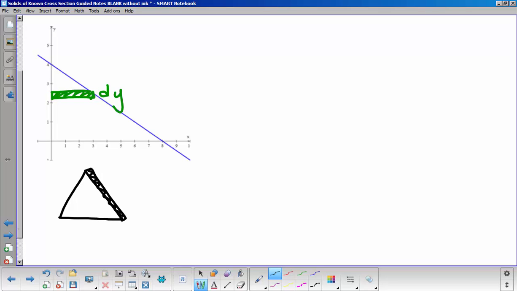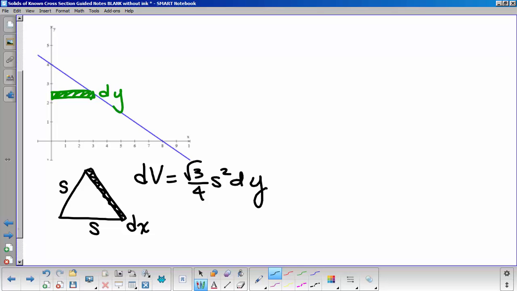There it is, an equilateral triangle with side s. And one slice, if you think back, was root 3 over 4 s squared dy in this case, right? But it was dx when we talked about it.